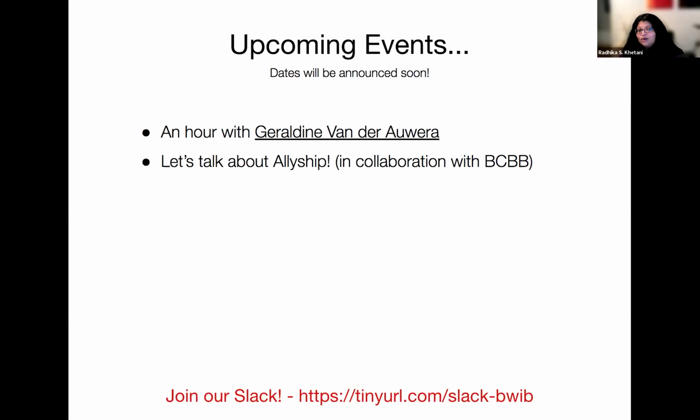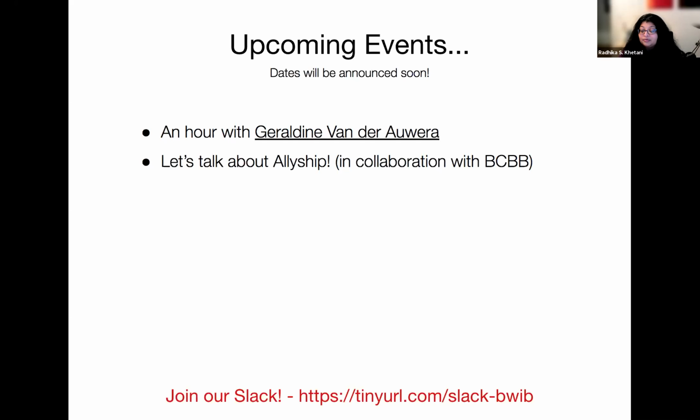And then the second one we have upcoming, hopefully in the next maybe three months, is allyship. We are collaborating with BCBB. If you haven't heard of it, they're another meetup group, a much larger group. I think it's the Bioinformatics and Computational Biology group.